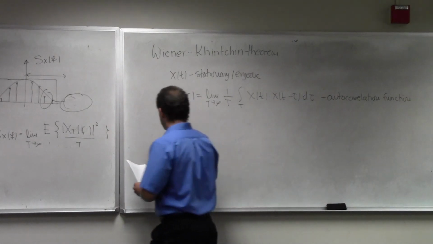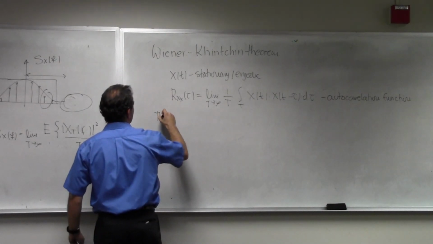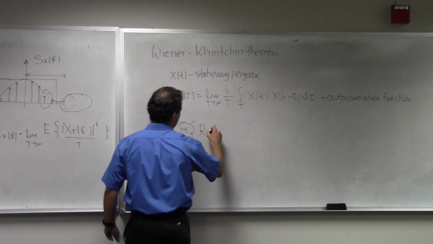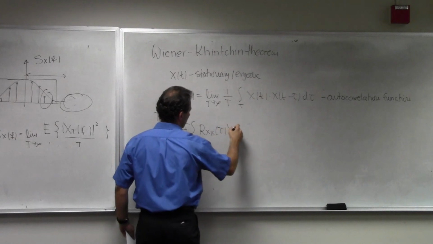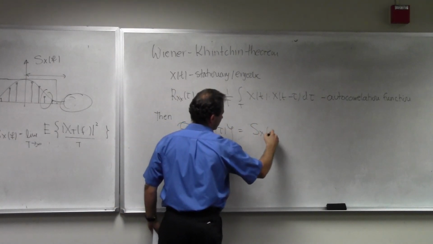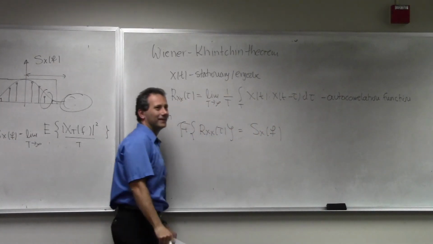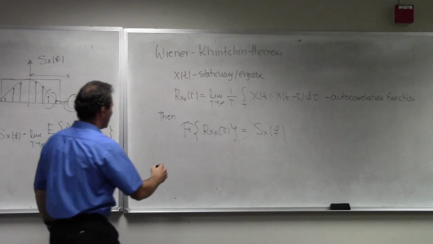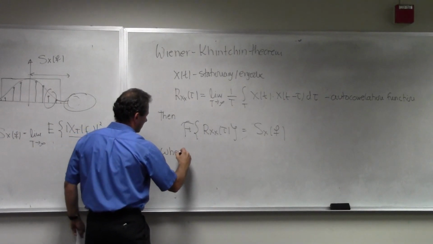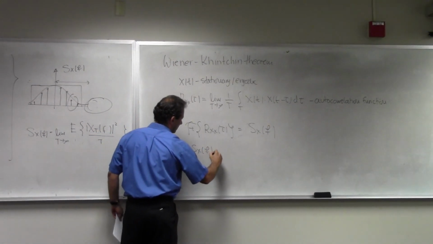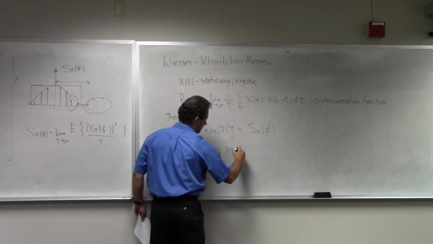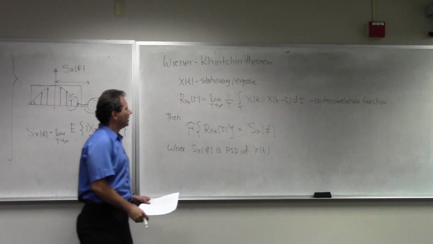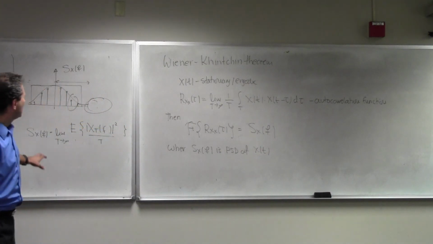Then the Fourier transform of the autocorrelation function is the power spectral density, where Sx of f is the power spectral density of x of t. Okay? So this is what we care about.